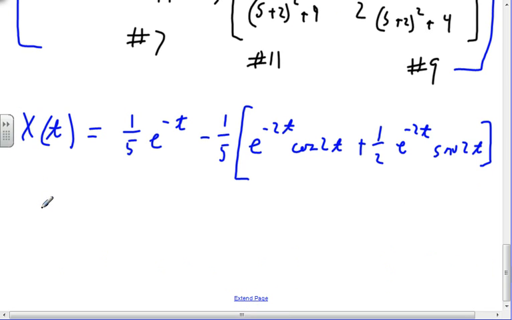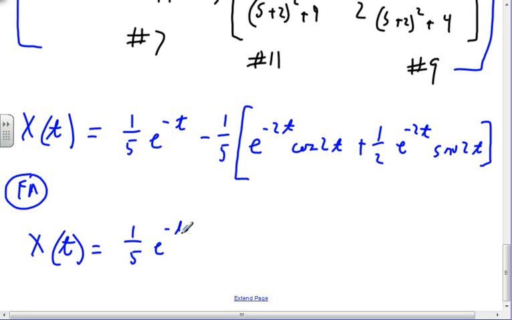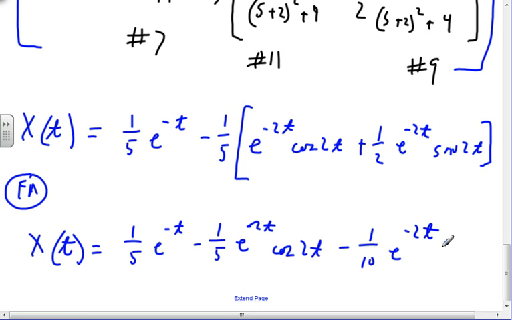Okay, so now I'm coming down to the final answer. X of t equals 1/5 e to the minus t minus 1/5 e to the minus 2t cosine 2t minus 1/10 e to the minus 2t sine 2t.